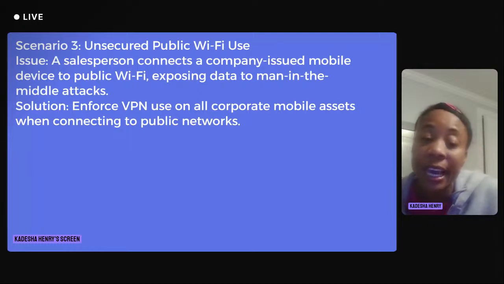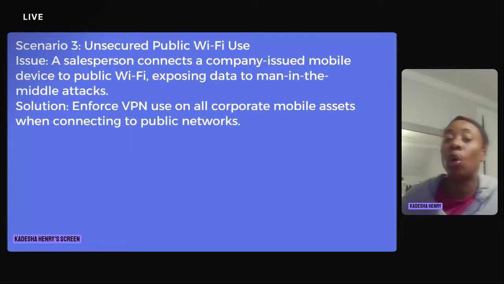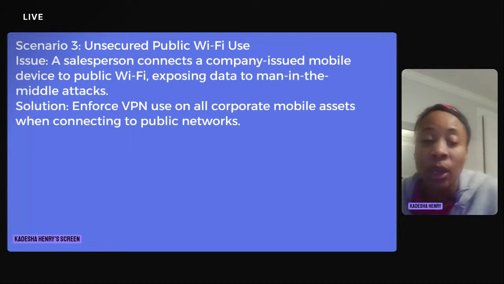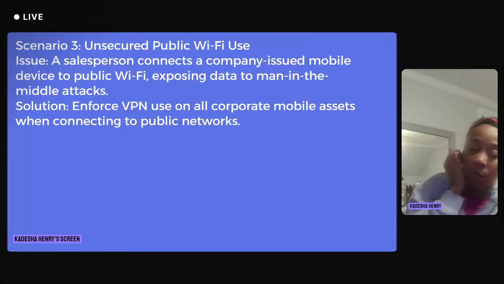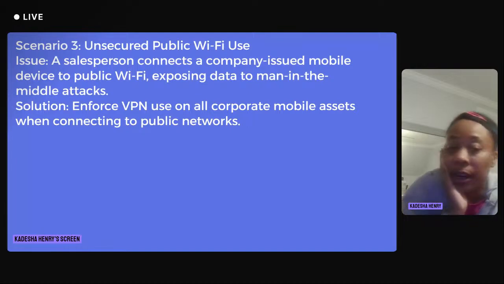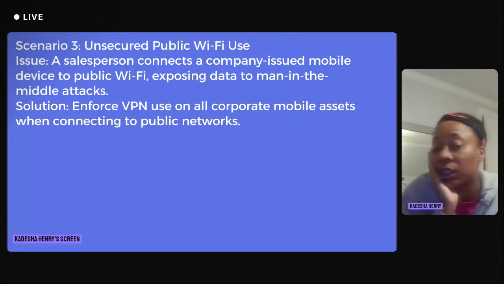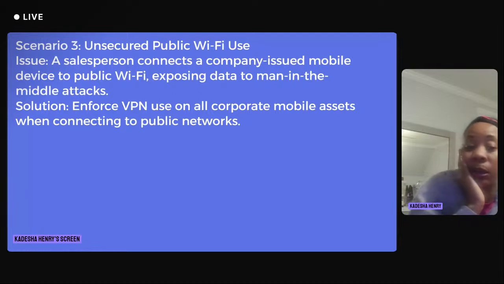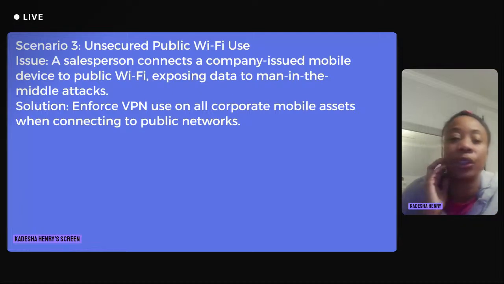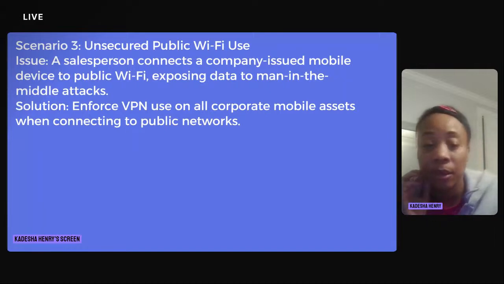The solution is enforcing the VPN use on all corporate mobile assets when connecting to a public network. So the VPN protects the salesperson and gives them a secure connection to the public Wi-Fi.